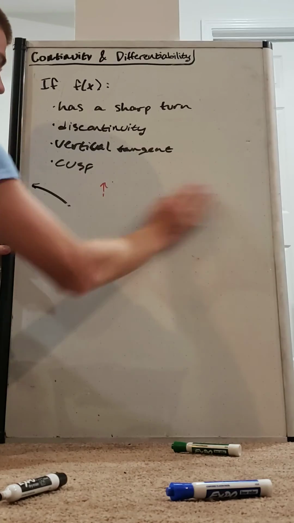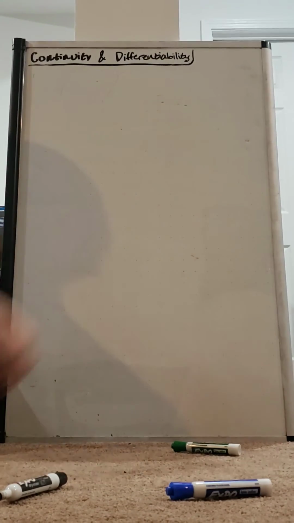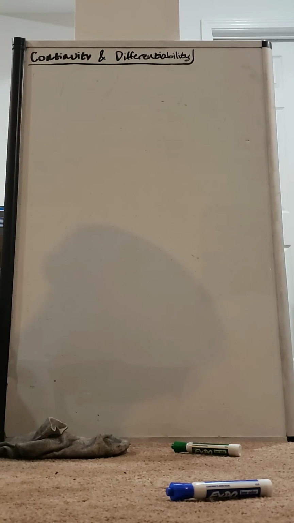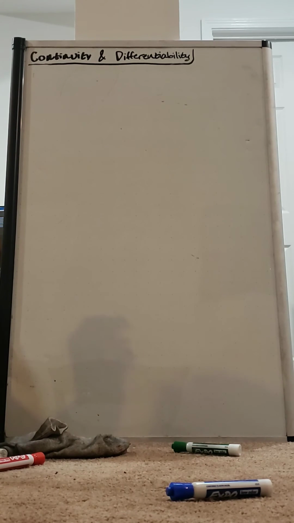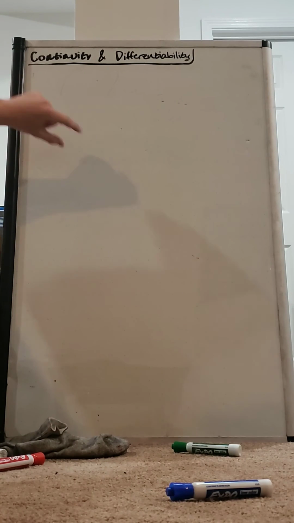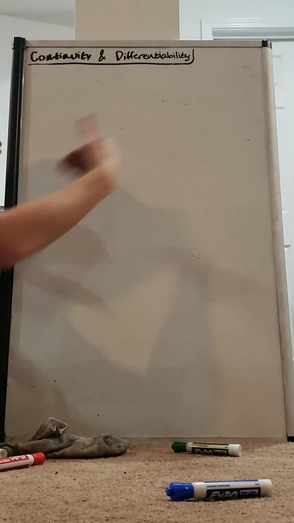And that's really all I have to go over for continuity and differentiability, because it's not a big concept. It's just whether or not you understand, is it continuous? That's when you need to think about, is the limit equal to the function value? So is the function value at a given point the same as what the function approaches from the left and right side?